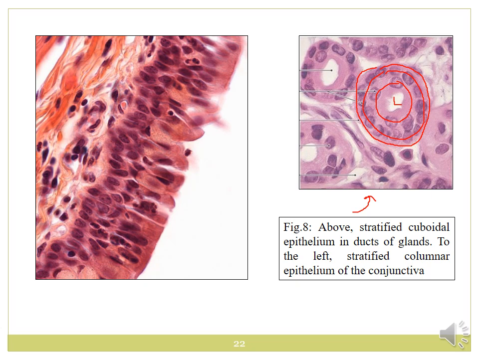This is the basement membrane. This is the topmost layer. The cells here are cuboidal. So this is stratified cuboidal epithelium. This image is stratified columnar epithelium of the conjunctiva.